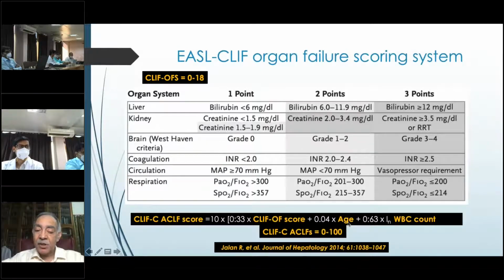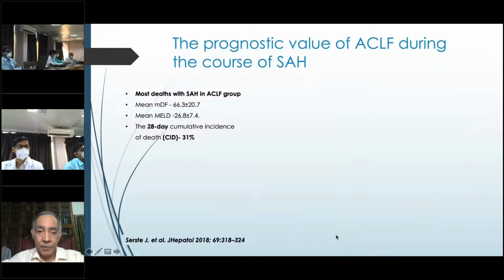And this was subsequently modified to include two important parameters, age and white cell count, to develop the CLIF-C ACLF score, which ranges from 0 to 100.